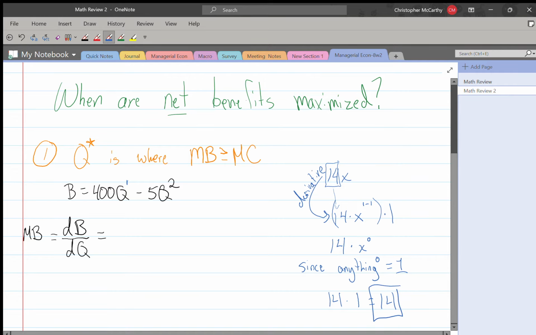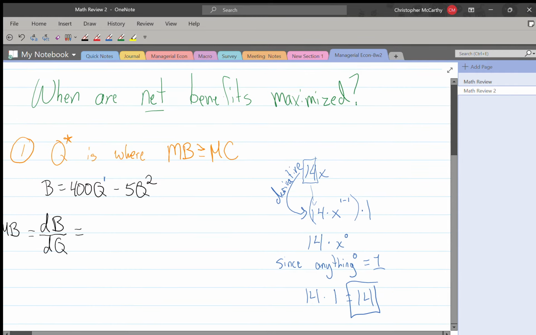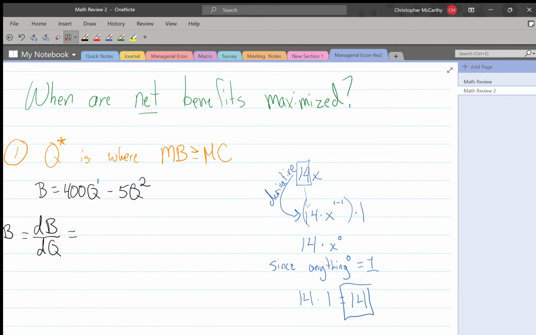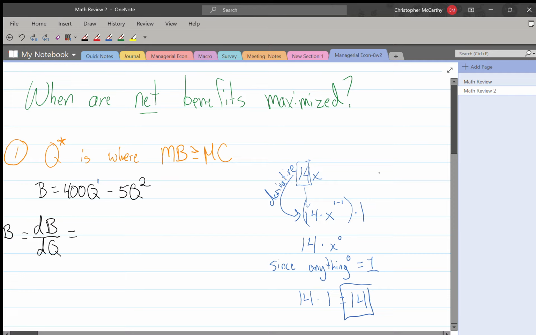Now that may or may not have confused you or clarified things, so let's go ahead and do another one, but we'll do it with x squared. Again, we'll use 14x squared. To get the derivative, we're going to use the power rule.